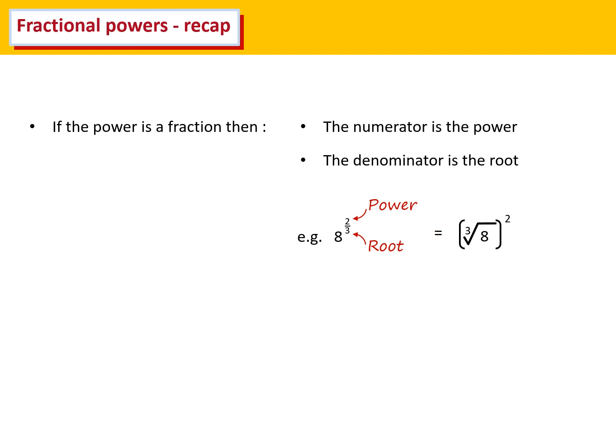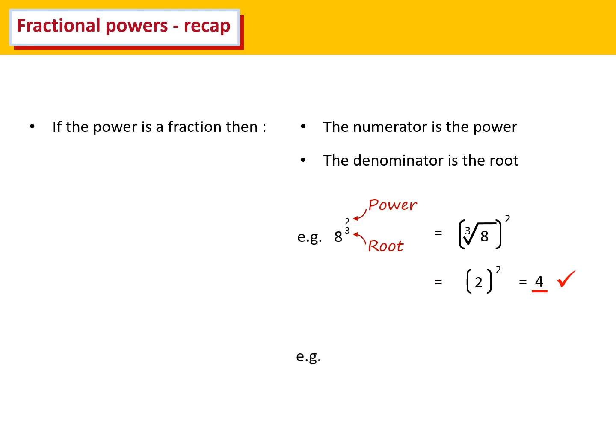Why? Because the denominator, the 3, is the root, and the numerator, the 2, is the power. The cubed root of 8 is 2, and we're raising that to the power of 2, and obviously 2 to the power of 2 equals 4.